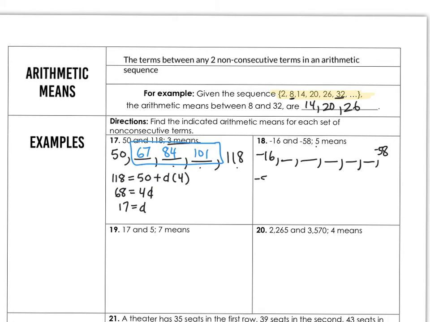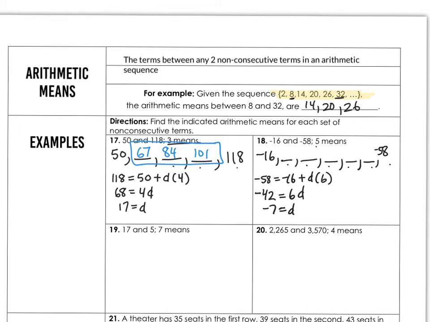So I know negative 58 would be equal to negative 16 plus my D. How many times? 1, 2, 3, 4, 5, 6. 6 times. So if I solve this equation, add 16, that would be negative 42 equal to 6D. So D is negative 7. That means each time I'm subtracting 7.